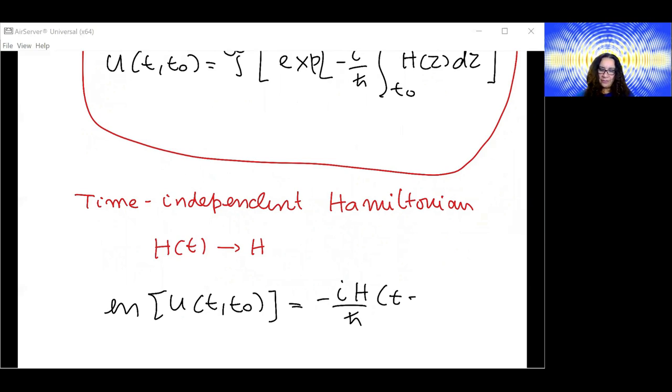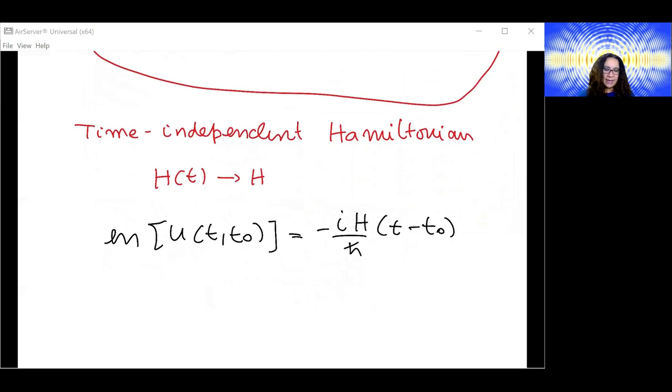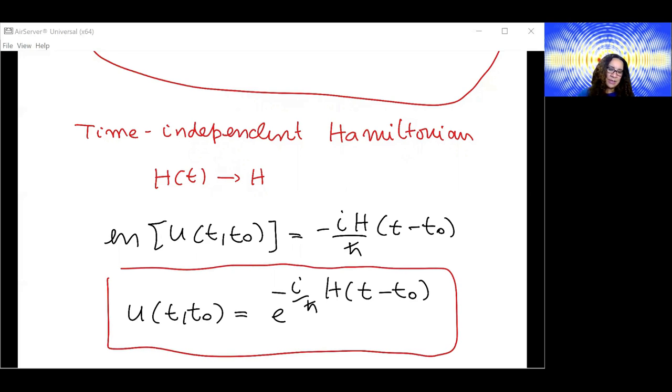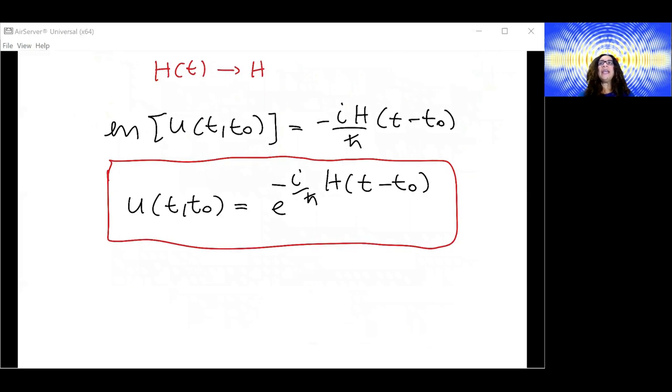And you find that U(t, t0) is e to the minus i over h bar H times (t minus t0). Which you see simplifies a lot because you don't have this business of time ordering, you don't have complicated integrals. So in fact, many times when you want to compute things, for instance, we're going to see time-dependent perturbation theory, this is absolutely useful.